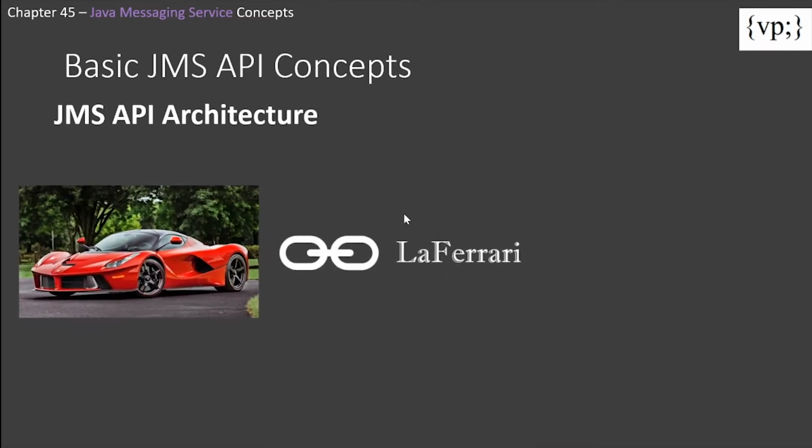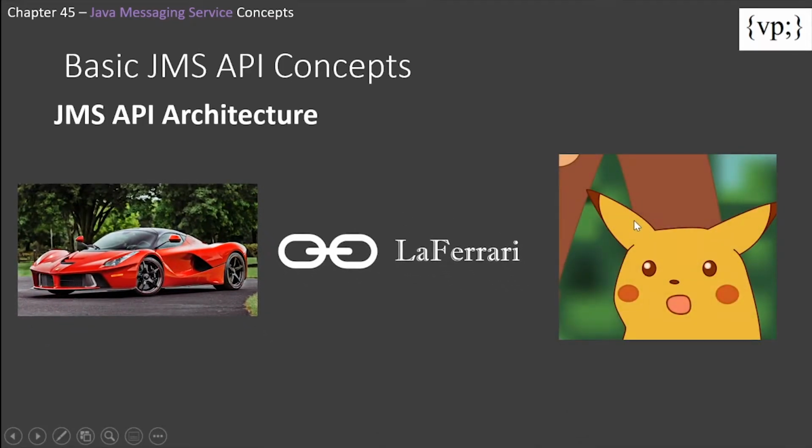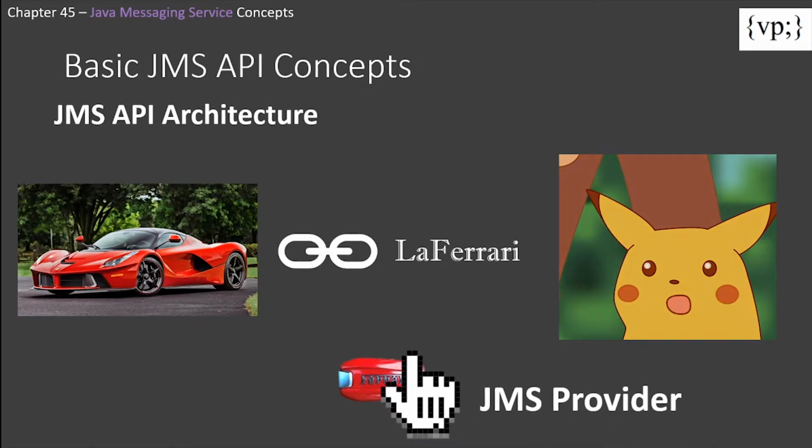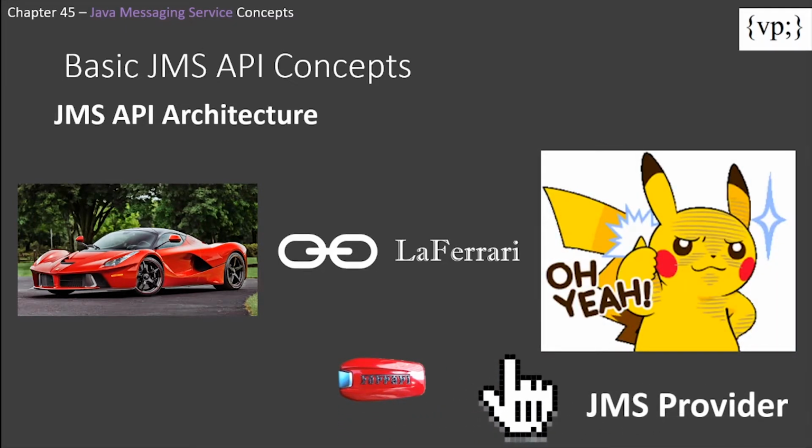Then let's say a JMS client wants to use this object. It can't use it on its own, so it gets some help from its JMS provider. The JMS provider gives a logical connection to the JNDI namespace, and then your JMS client can use this object for whatever it needs.